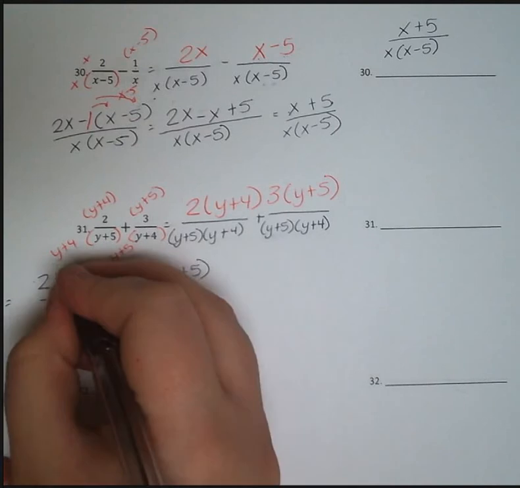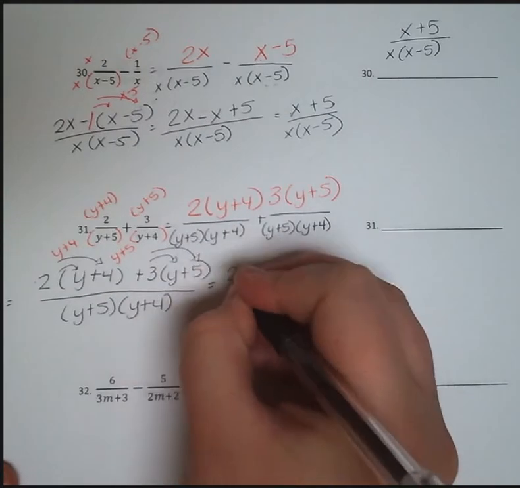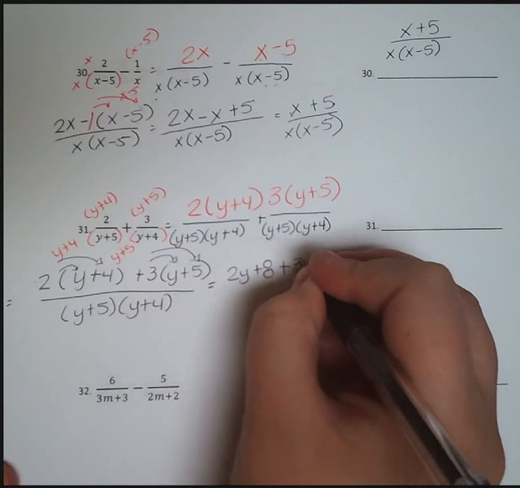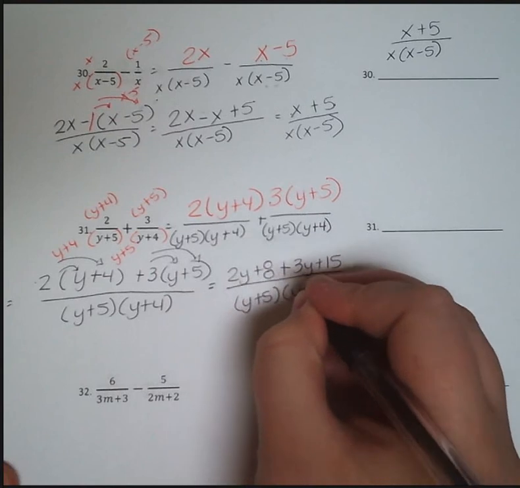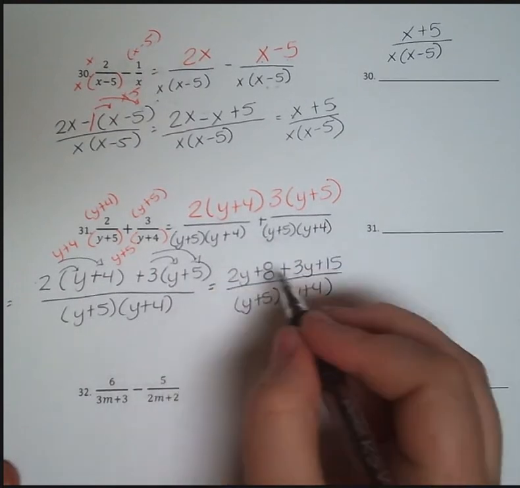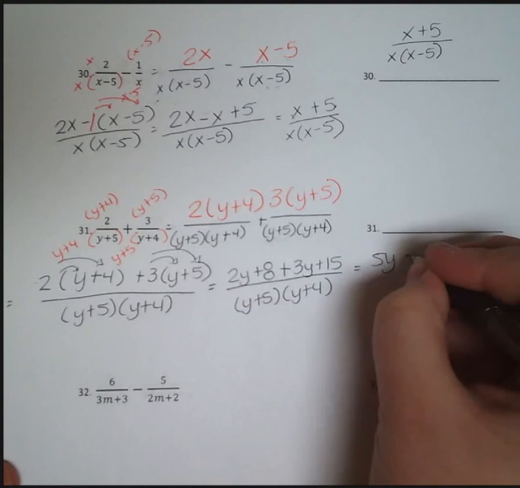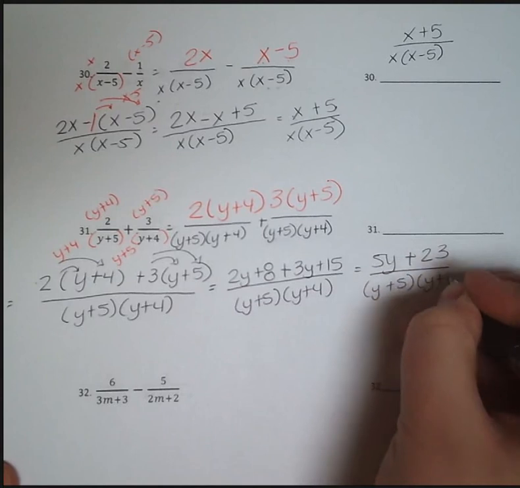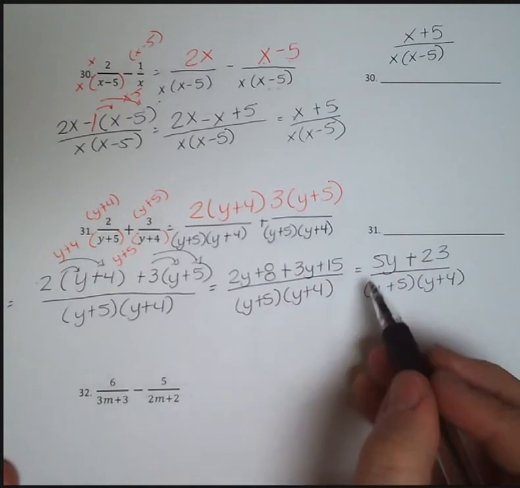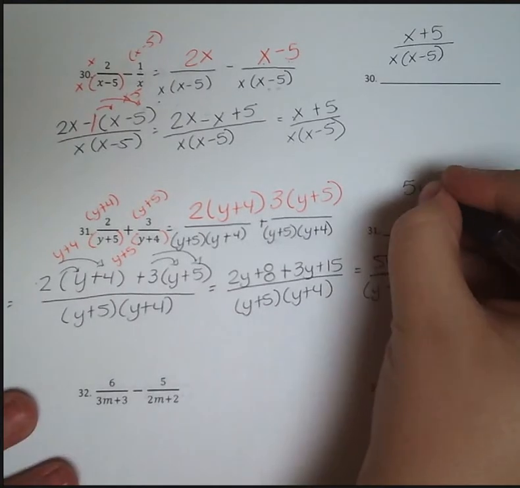So first we're going to have to distribute, which gives us 2y plus 8 plus 3y plus 15 over y plus 5, y plus 4. 2y plus 3y is 5y. 8 plus 15 is 23 over y plus 5, y plus 4. 5y and 23 don't have any common factors. 23 is a prime number, so that means that we are finished. There's no way this can be simplified.